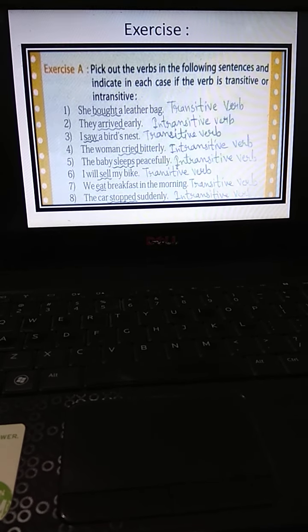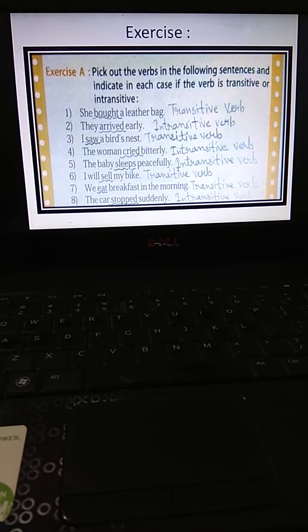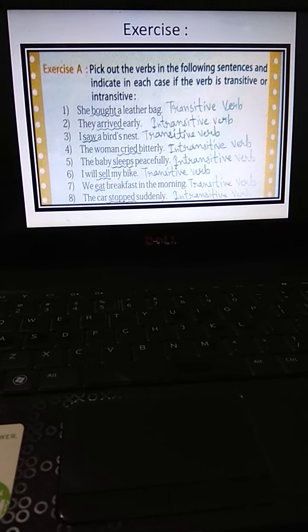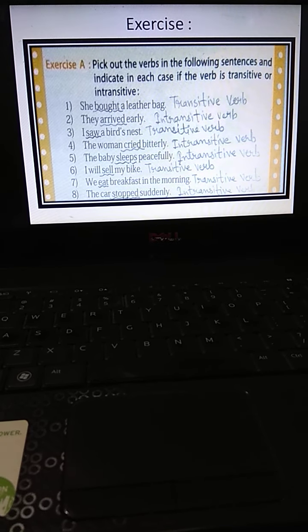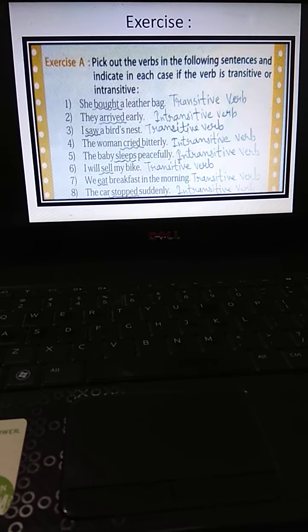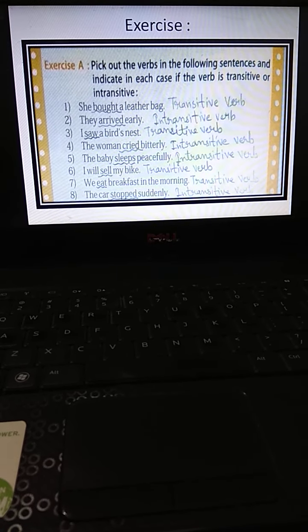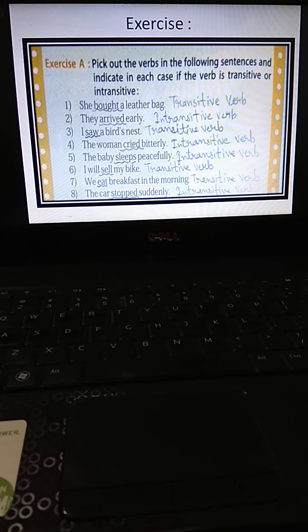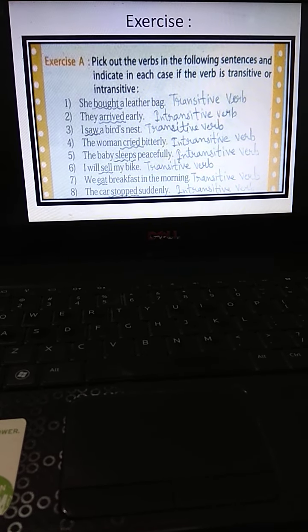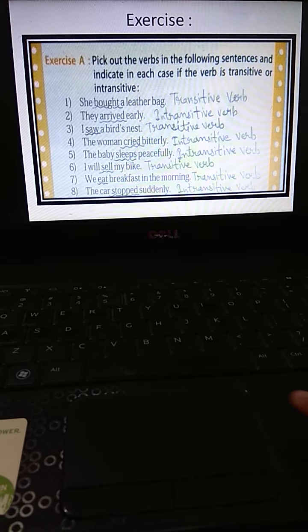The baby sleeps peacefully. Sleeps, intransitive verb. 6. I will sell my bike. Sell, transitive verb. 7. We eat breakfast in the morning. Eat, transitive verb. 8. The car stopped suddenly. Stopped, intransitive verb.